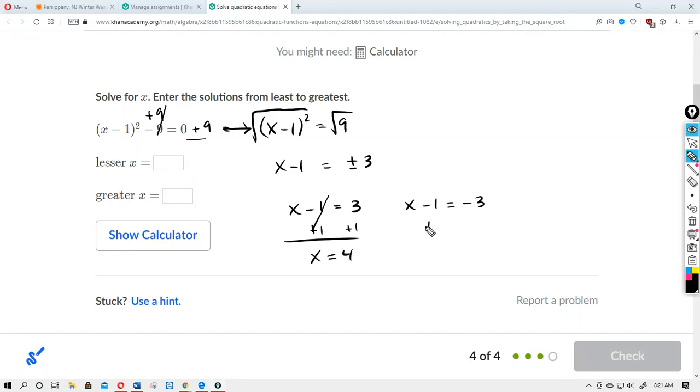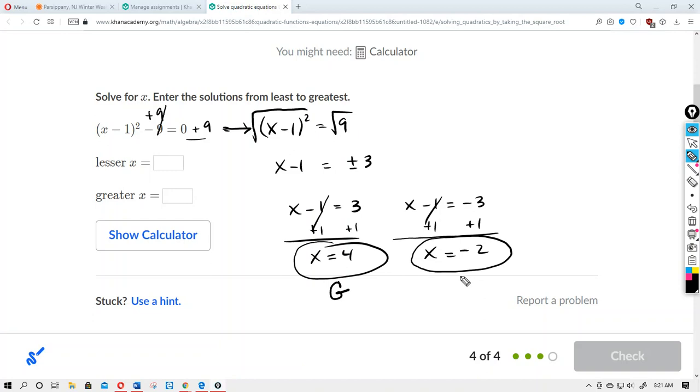X equals 4. Adding 1 to both over here, the 1's cancel. X equals negative 2. 4 is the greater, and negative 2 is the lesser.